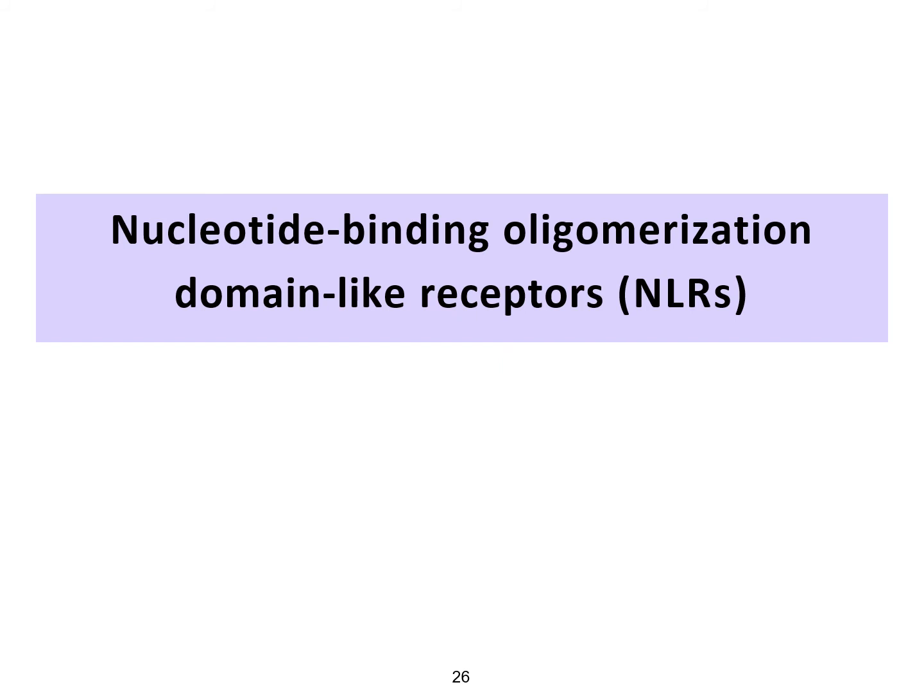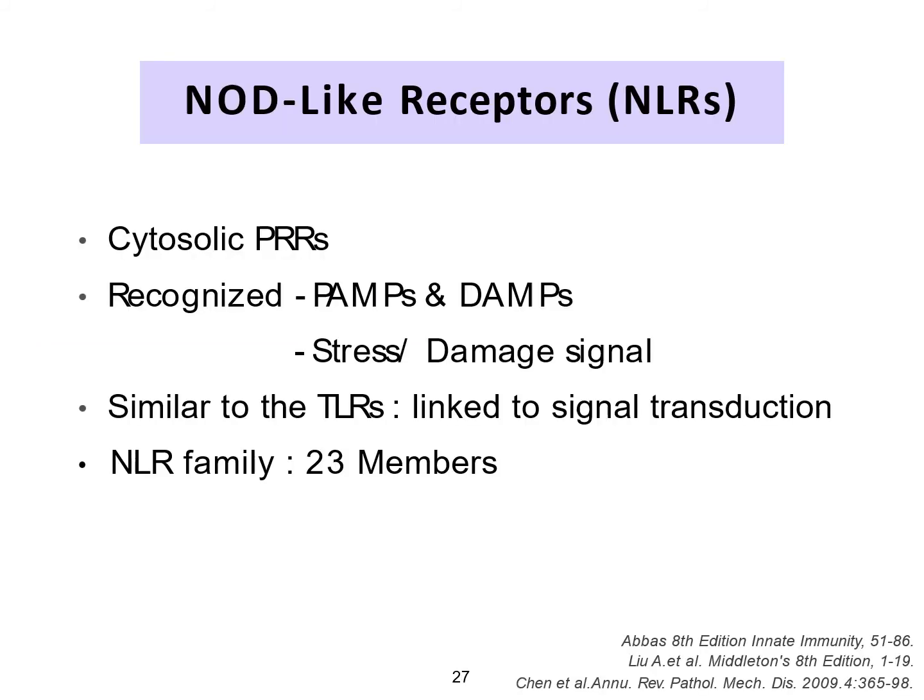So next coming to the nucleotide binding oligomerization domain-like receptors. These are otherwise called NOD-like receptors. These are present inside the cytosol and recognize PAMPs and DAMPs and also stress or damage signals, and similar to toll-like receptors are linked to signal transduction, that is signaling pathways.